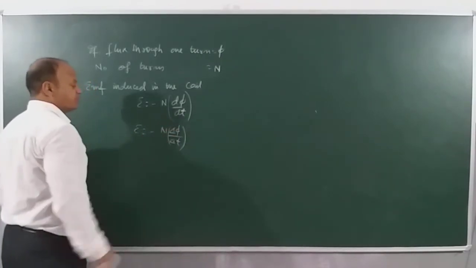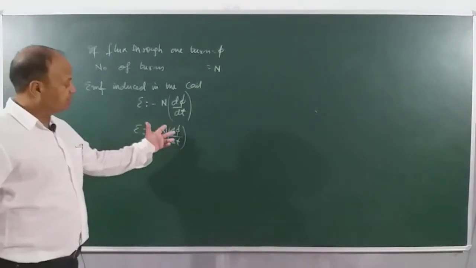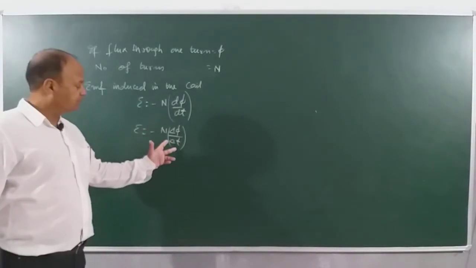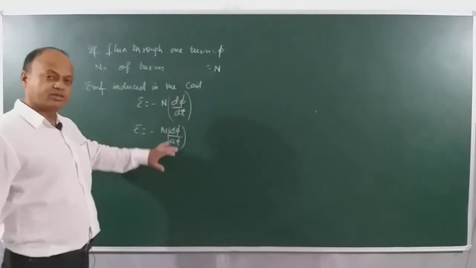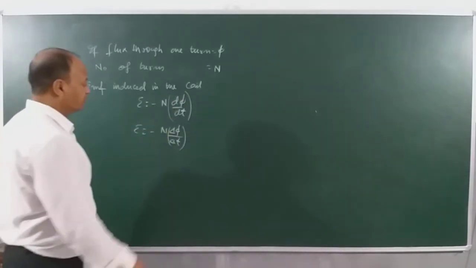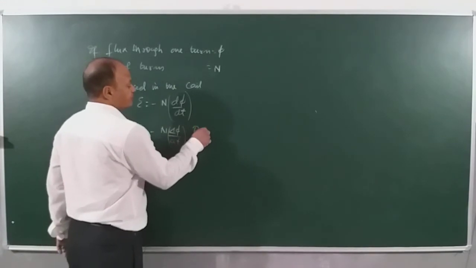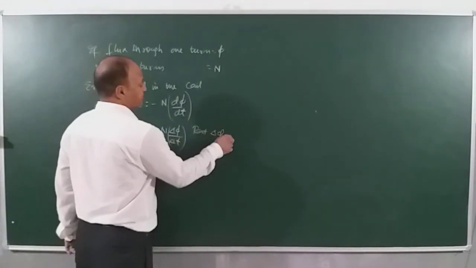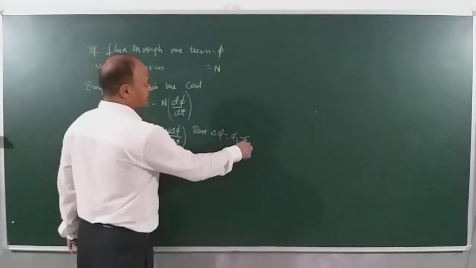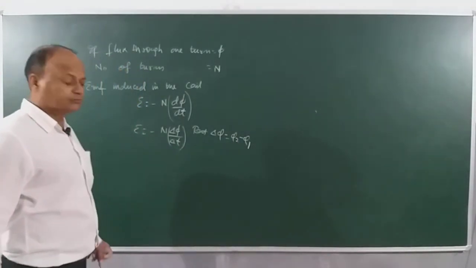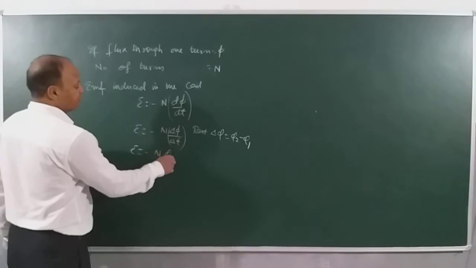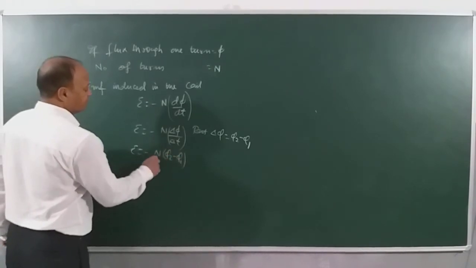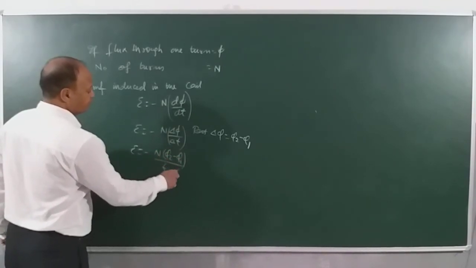You can also write E equals minus N into delta phi by delta t. Now delta phi is what? The change in total flux, and delta t the total time. If you do not want to use calculus, you can use delta phi by delta t directly. But children, we know delta phi is equal to how much? Phi 2 minus phi 1. Clear? So if I use E is equal to minus N into (phi 2 minus phi 1) divided by (T2 minus T1).